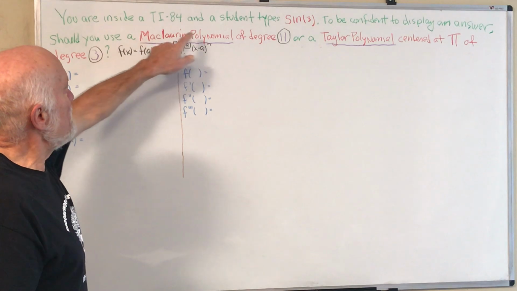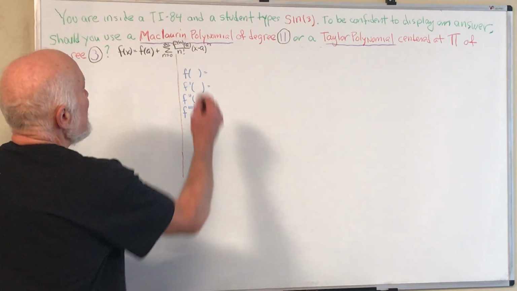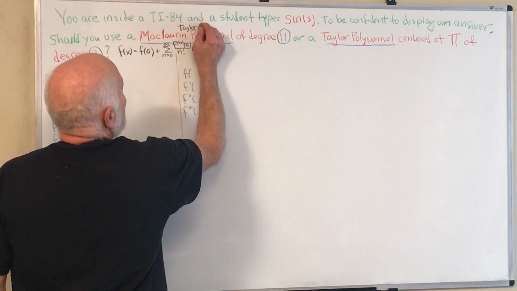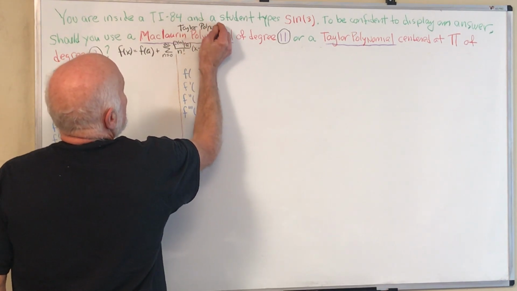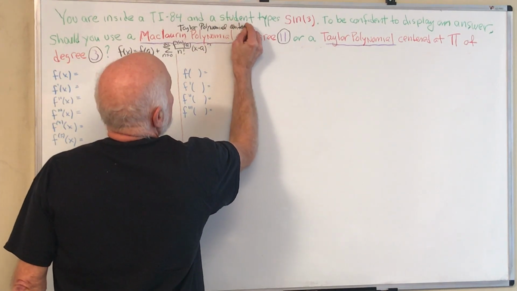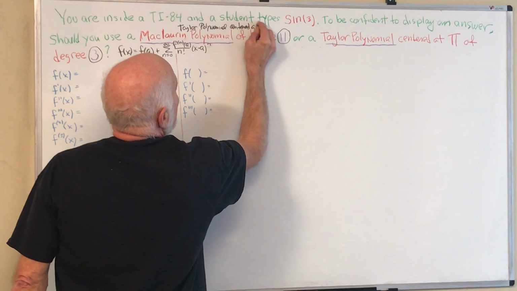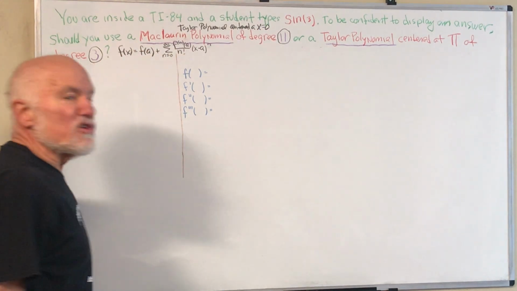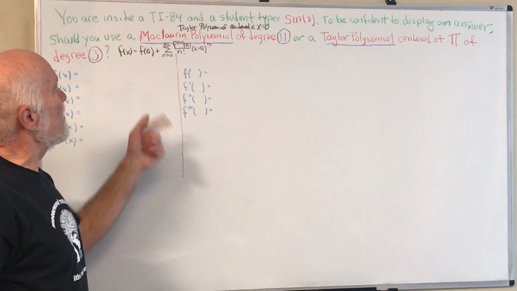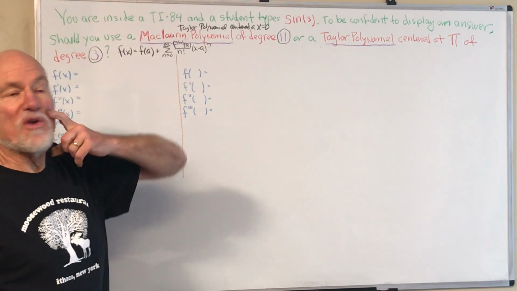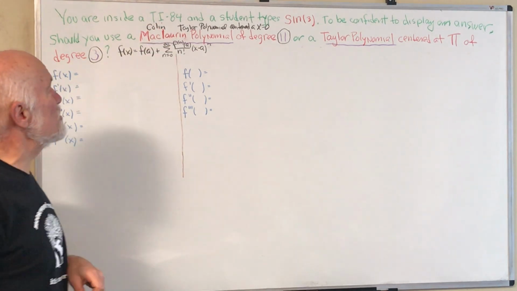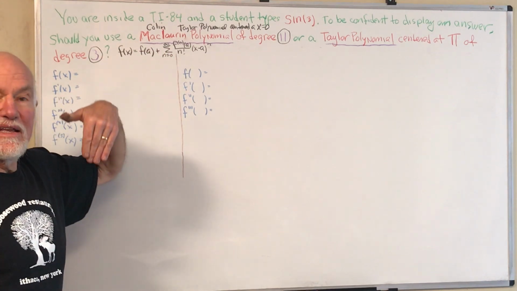Well, a Maclaurin polynomial is really another way of saying a Taylor polynomial centered at 0. So a special name is given to a Taylor polynomial when it's centered at 0. It's called a Maclaurin polynomial, after a Scottish mathematician called Colin Maclaurin.